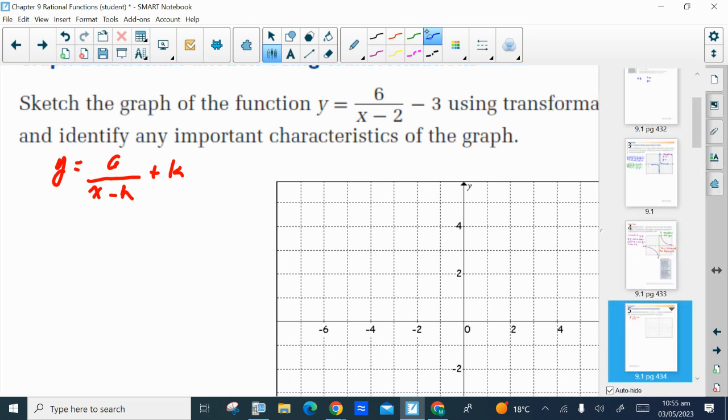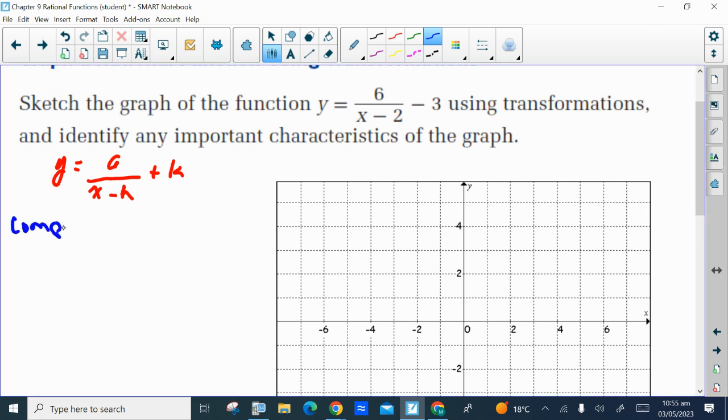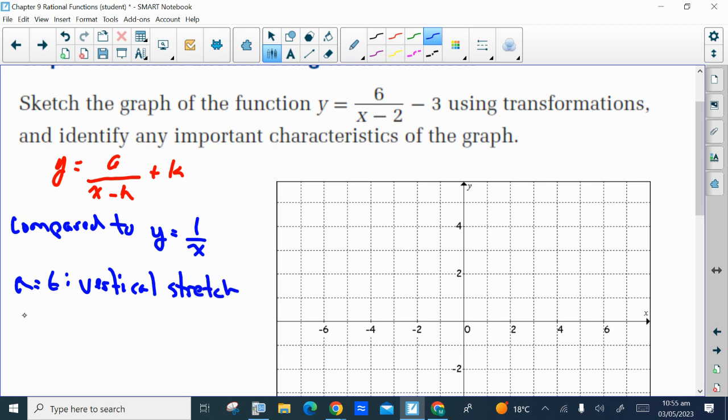So if I talk about this as a transformation of y equals 1 over x, we have an a value of 6, which again means that we will have a vertical stretch about the x-axis by a factor of 6.